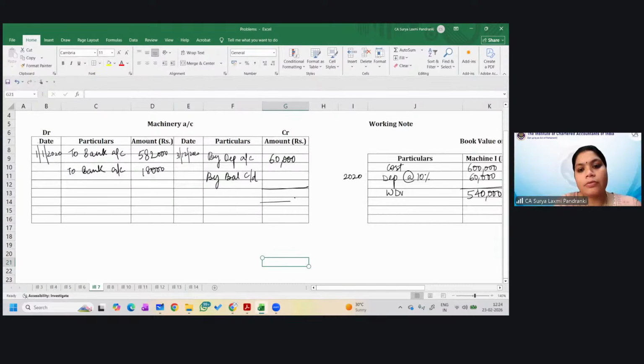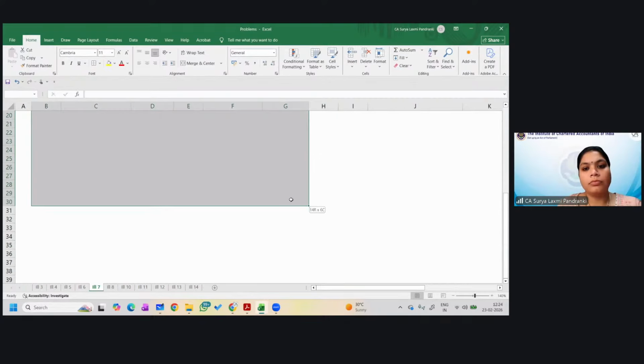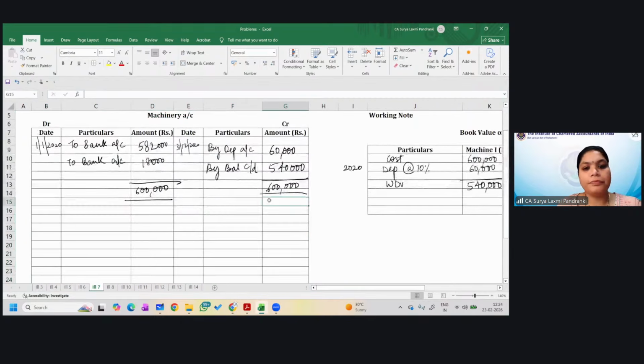What is the balancing figure? 5,40,000. So on 1/1/2021, to balance brought down will be 5,40,000.